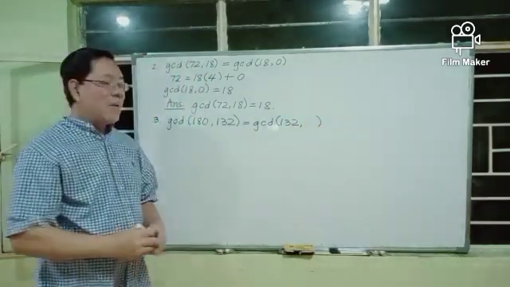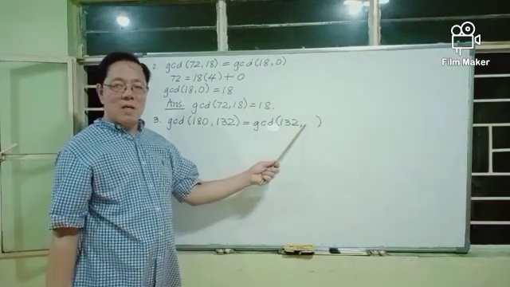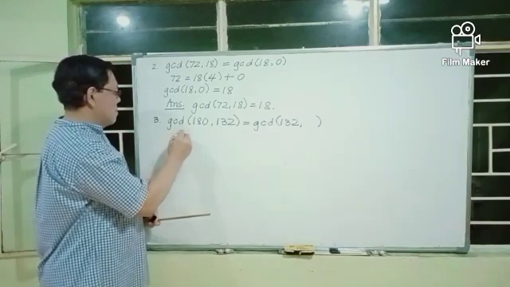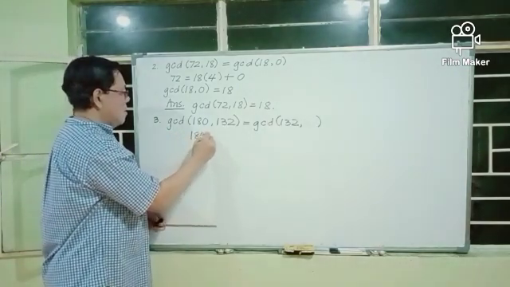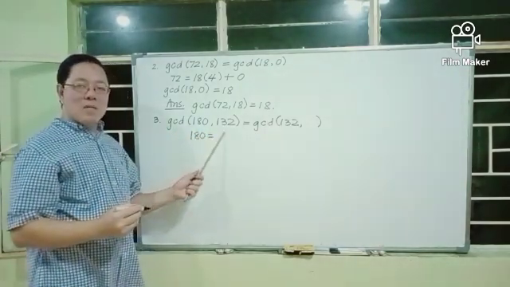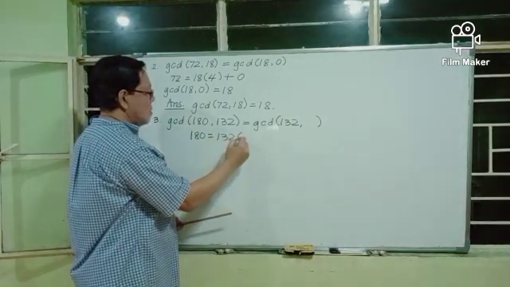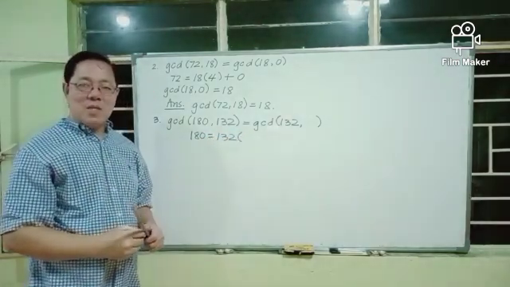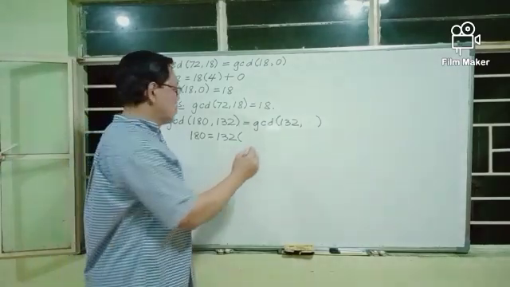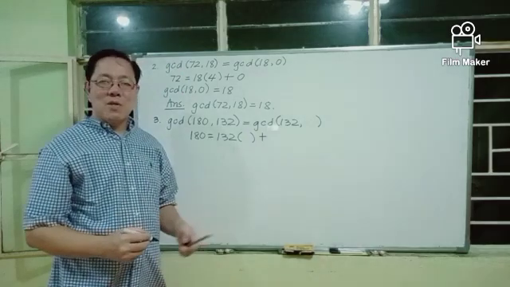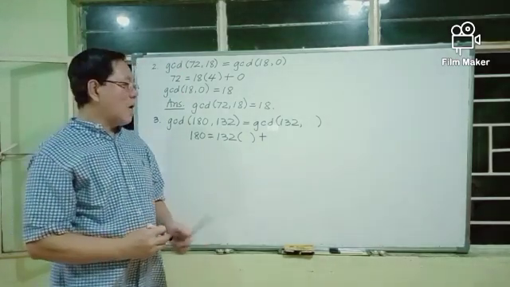And we find the remainder R by writing A, 180, as B, 132, multiplied by some positive integer denoted by Q, plus a positive integer denoted by R, which we take as the remainder.